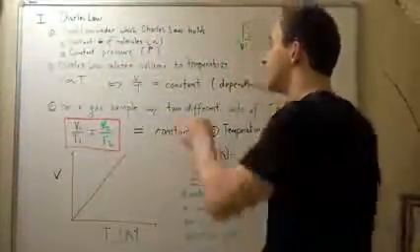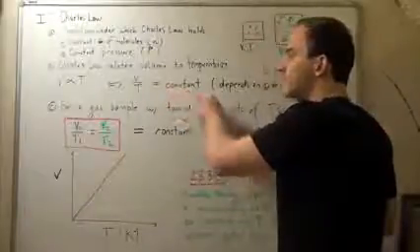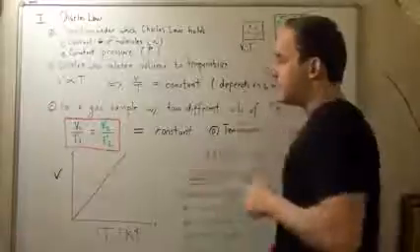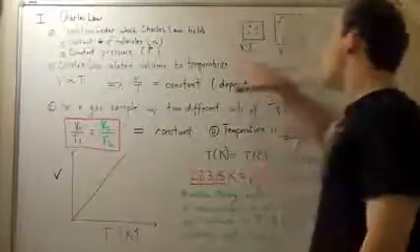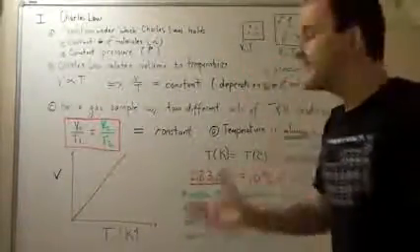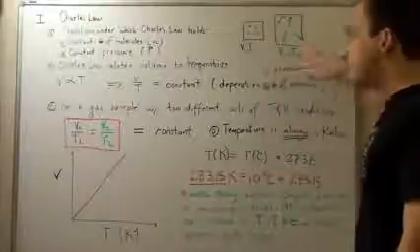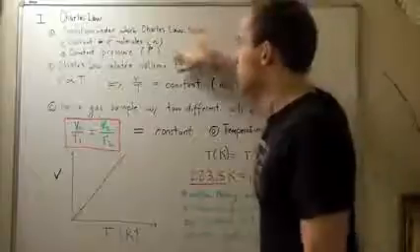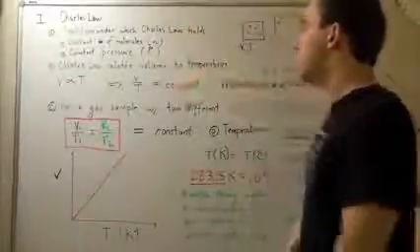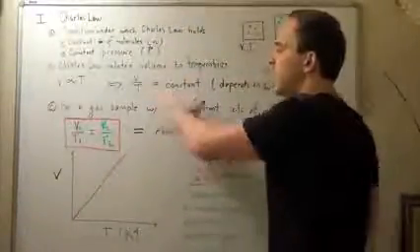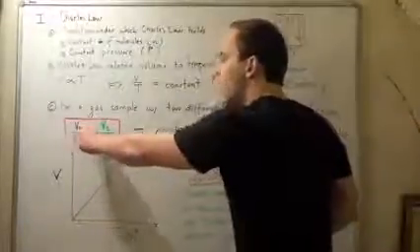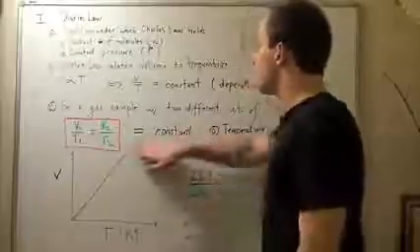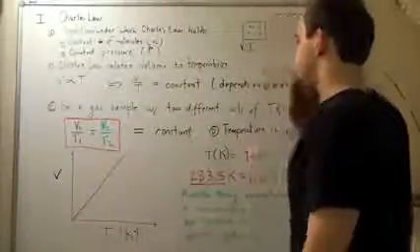In other words, note that the constant always stays the same when our pressure and number of moles stay the same. That means if we have some condition V1 and T1 and a second condition of V2 and T2, and these two conditions are under the same pressure and number of moles, that means our constant will be the same. And so I can say V1 over T1 equals V2 over T2 equals that same constant.